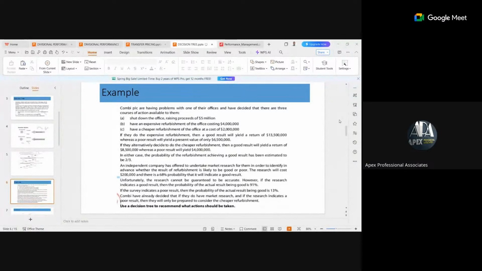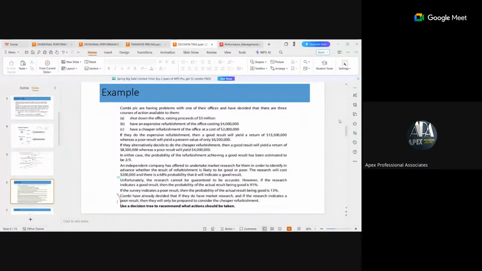Let's look at bad. If it is bad, what will be the outcome? Are we going to have expensive? Are we going to have cheap? Are we going to have shut down? Let's read that if the survey indicates a poor result, then the probability of the actual result being good, take note of this statement again.